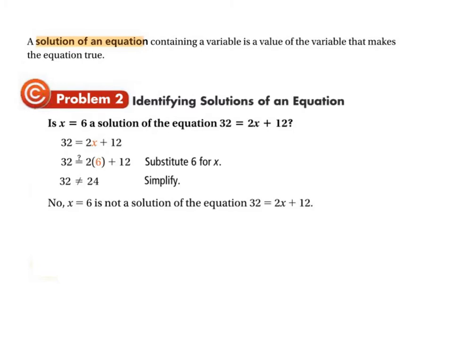You should substitute it in and check. As you can see, when you do that, it doesn't work out to be equal to 32. It's 24. So we say no, x equals 6 is not a solution to this equation because this value does not give you a true statement.